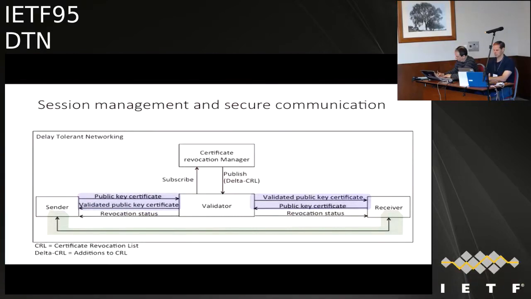These sessions are not like an SSL session. They can be valid, that depends on the policy of PKDN, for 8 hours to a few days, depending on the delay and disruption properties of the DTN over which the PKDN is laid. Next slide, please.